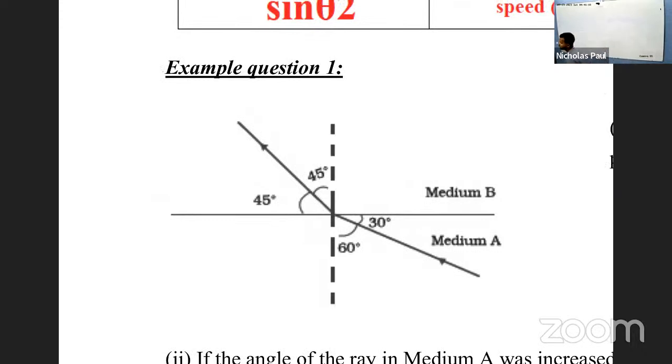How much did you get? One decimal place.